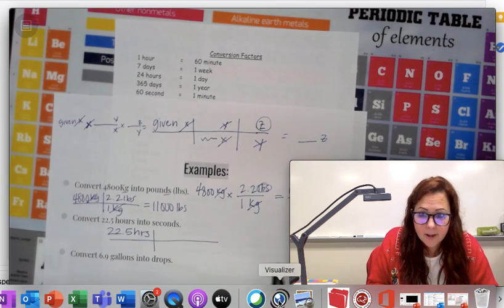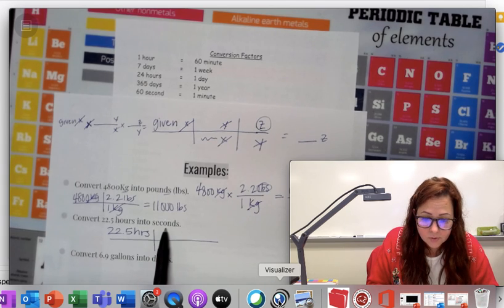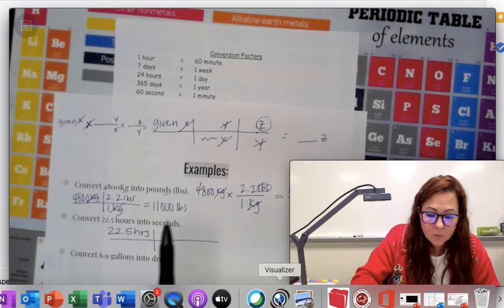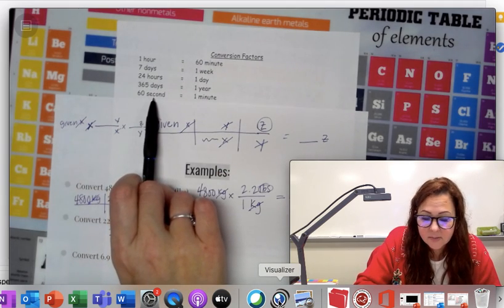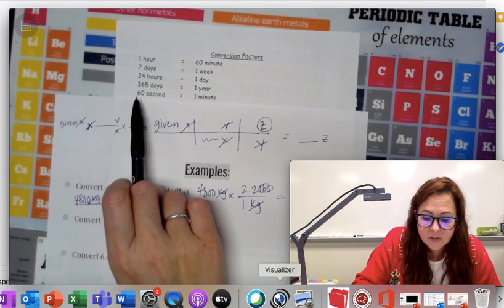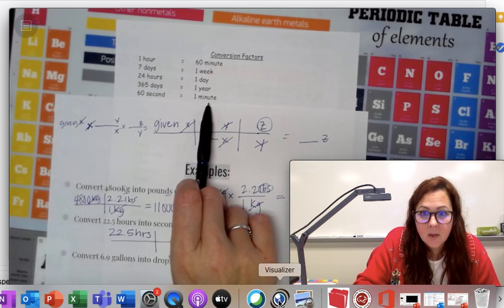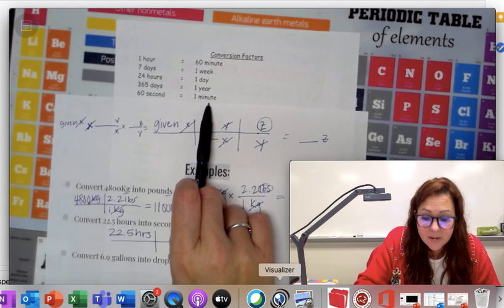So let's try to work backwards. I have seconds. I need to get to hours. When I look through my list, this is the only one that has anything with seconds. It says 60 seconds is equal to 1 minute. Now, if I can go from minutes to hours, I know that I have my pathway.